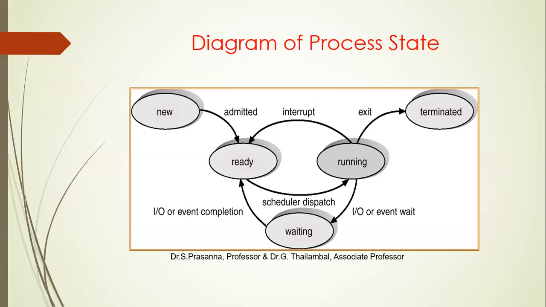Then it is placed in the ready state again. Interrupts are nothing but problems which make the process stop. It could be a failure of the system, or the process requesting some IO devices for input and output operation, or the process needing to execute some functions or modules.